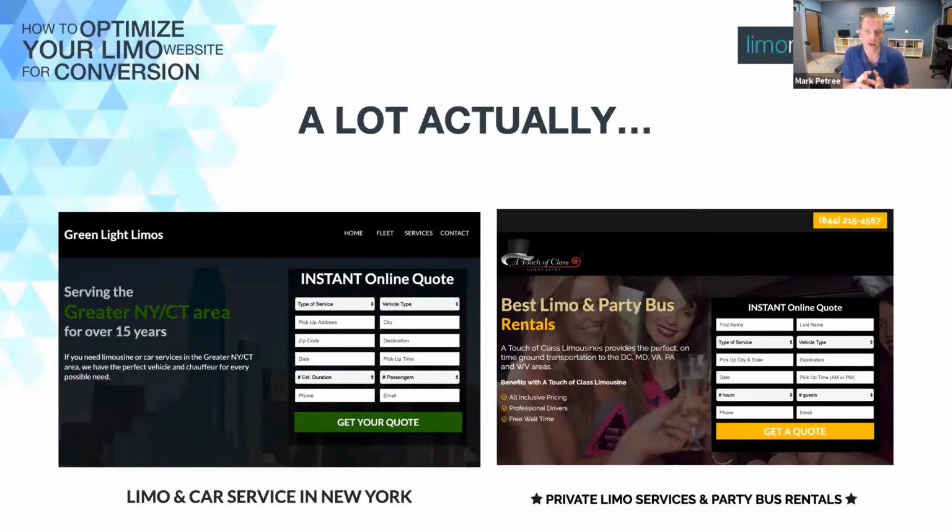but we do have two of the most important elements. And those are having a form above the fold. So you'll notice both of these here have a form as soon as you land on the page that says instant online quote. Okay, so that's number one. So they've got a form above the fold, and above the fold just means before they start scrolling.